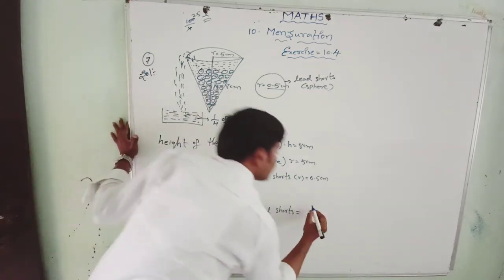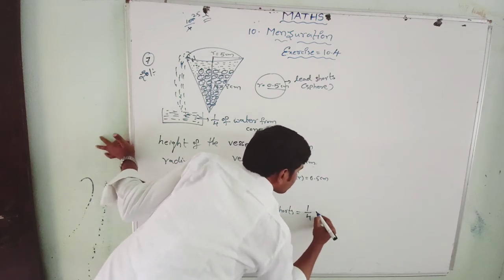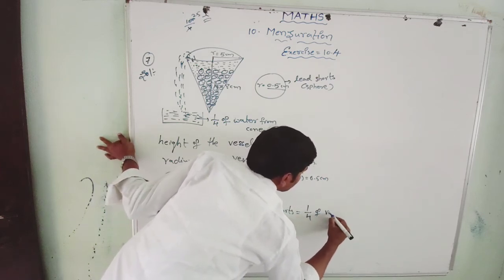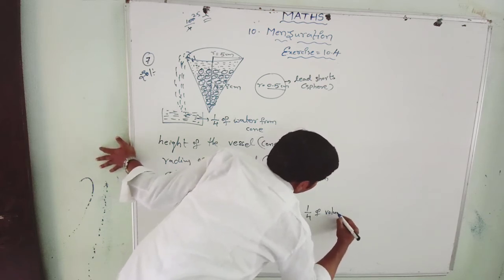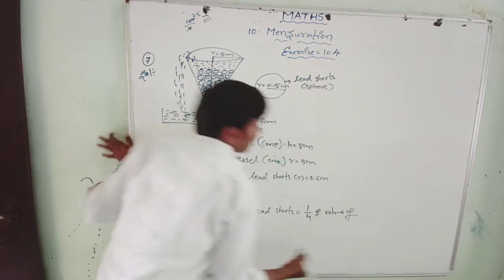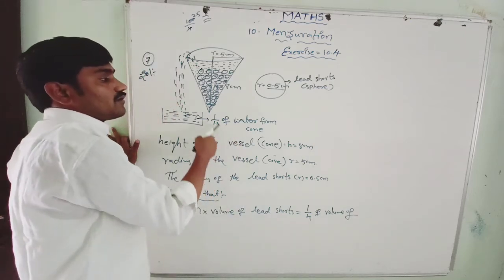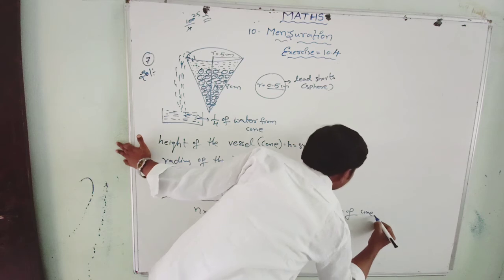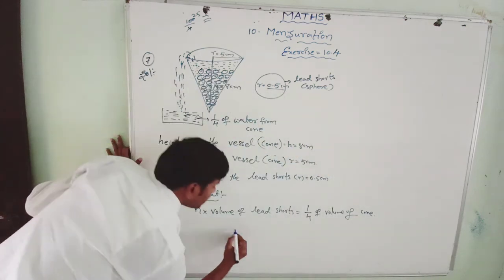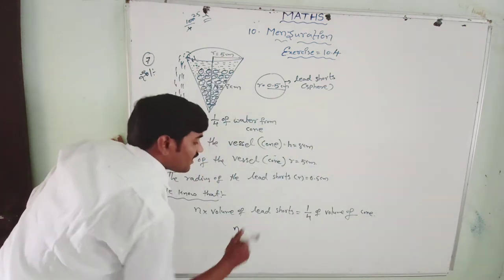సో the 1/4 ఆఫ్ వాల్యూమ్ ఆఫ్ cone, the volume of cone. So here n into the volume of lead shots.